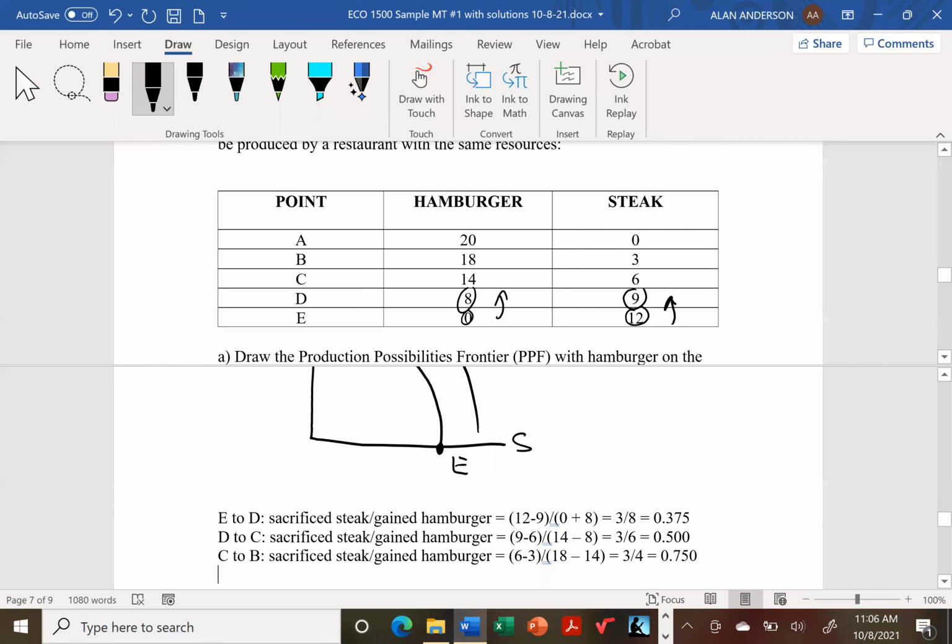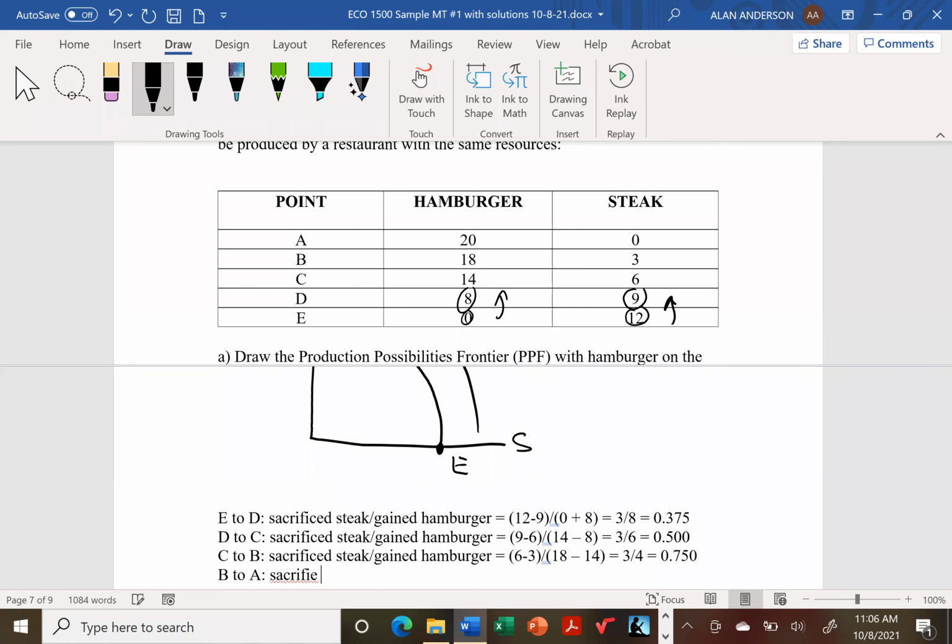So when we go from C to B, the steak drops from 6 to 3. The burgers go from 14 to 18. Therefore, we gained 4 hamburgers when we sacrificed 3 steaks, and our opportunity cost is 0.75. Now, if you notice, as we're going along, the opportunity costs are increasing, and that's exactly what they should be doing.